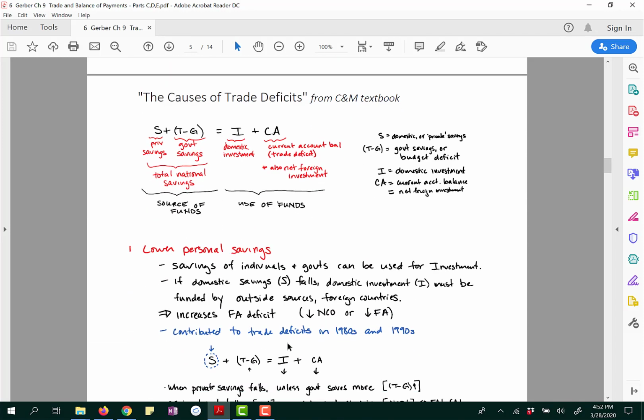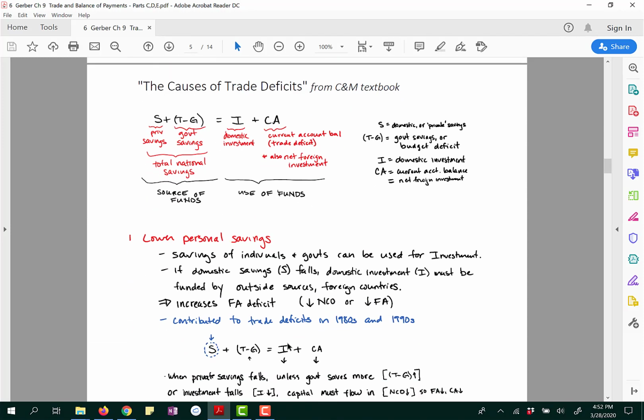Okay, let's talk about the causes of trade deficits, and this material comes from a different textbook because the Gerber textbook doesn't have a clear, straightforward discussion of the causes of trade deficits. So here is that based on notes from another book, but using the exact same equation.